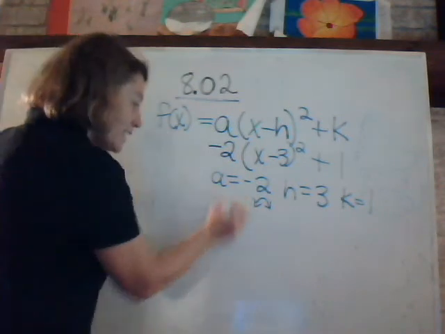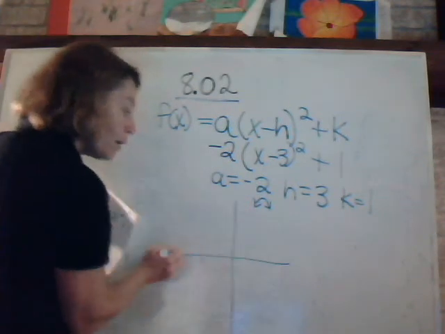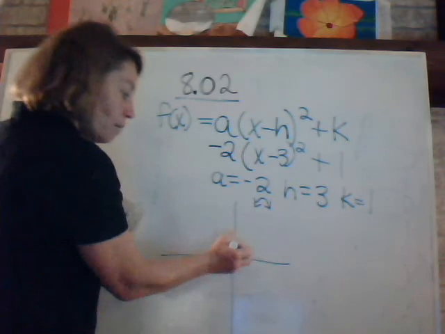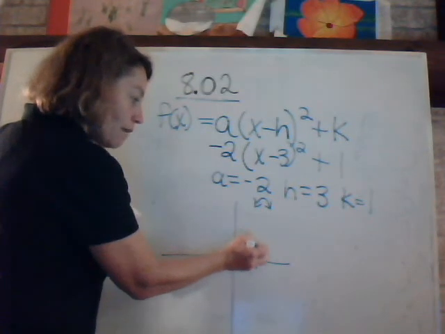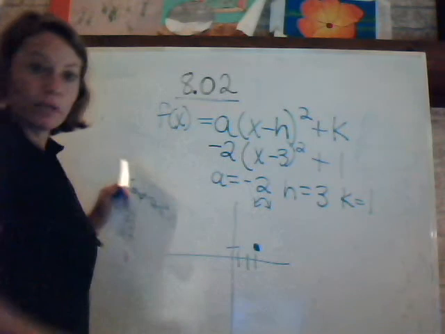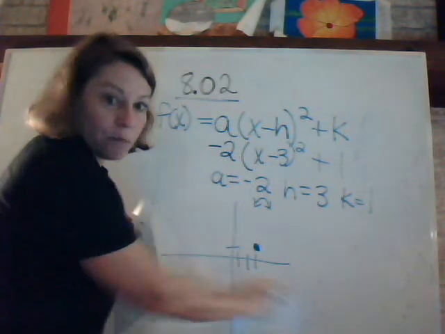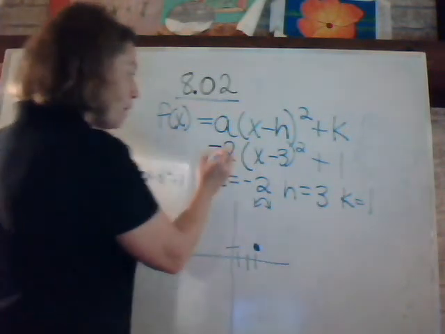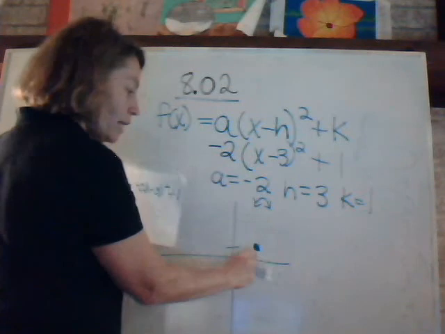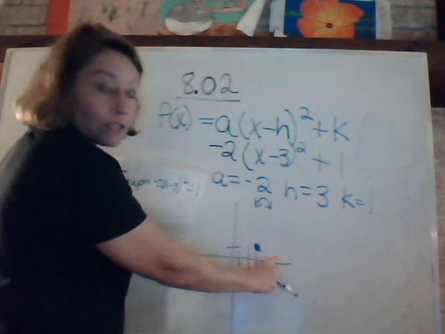Now we're going to go to sketch it. When I go to sketch it, I'm going to plot the point (3, 1) as my vertex. I know it's going to face down, so I should be getting points down here when I do my plugging in. So now I'm going to start plugging in points on either side of this vertex.